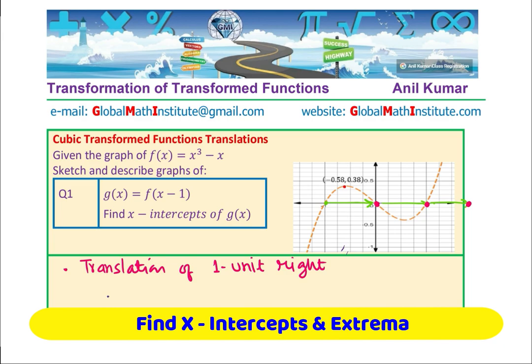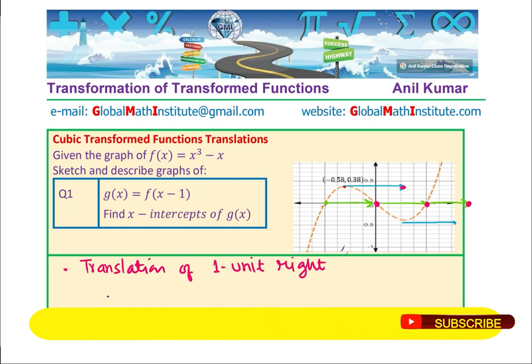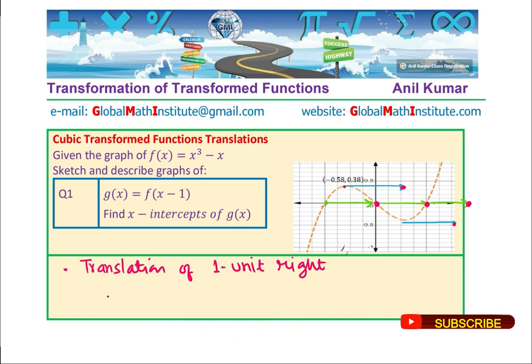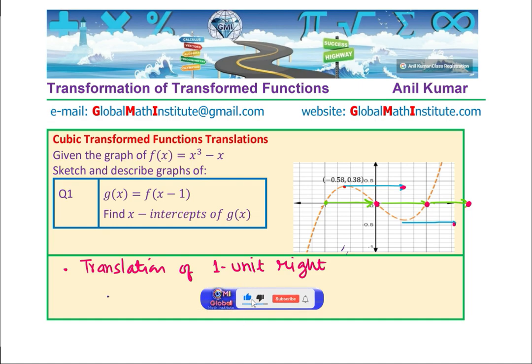And the maximum value will also move 1 unit to the right. So instead of being at minus 0.58, it will be somewhere here. The minimum also moves, so we have the new maximum and minimum values. The graph is going to be exactly similar. So I could now connect these points and sketch my graph, kind of like this.